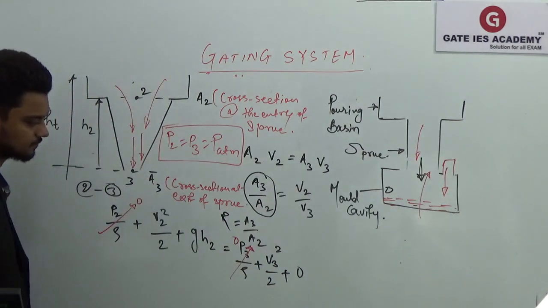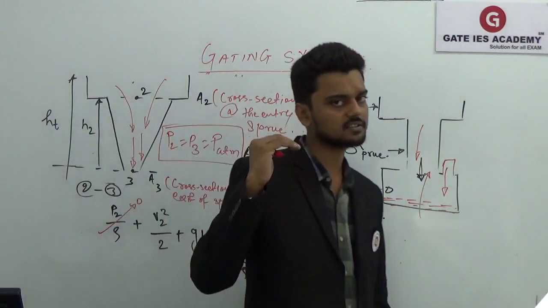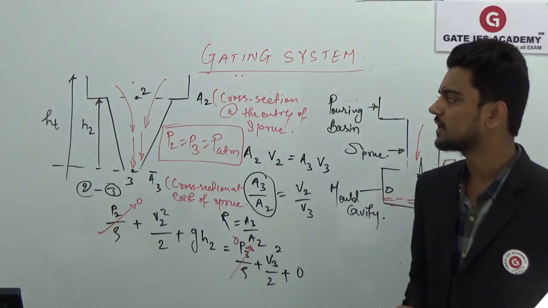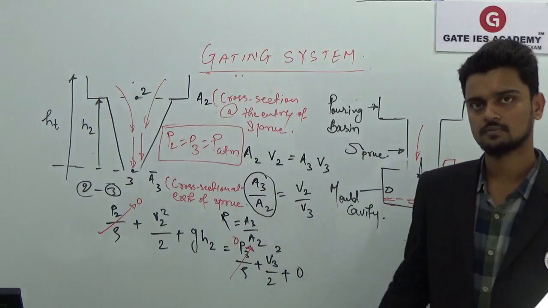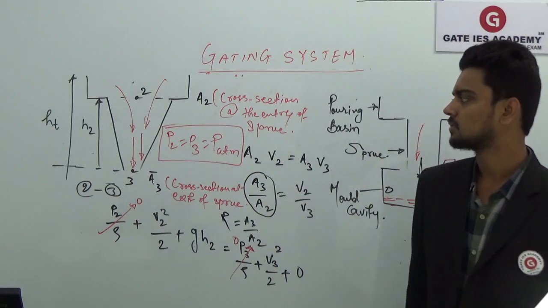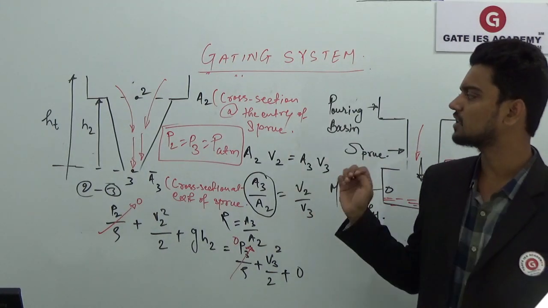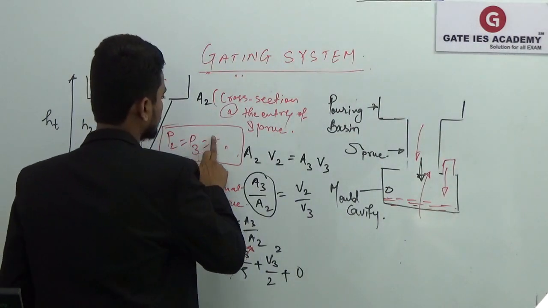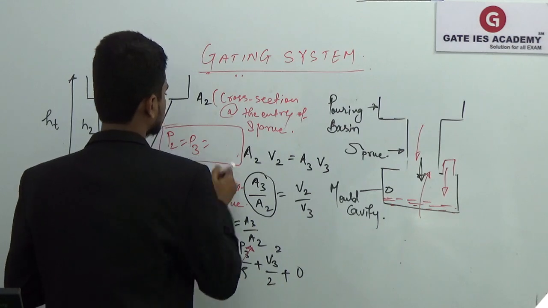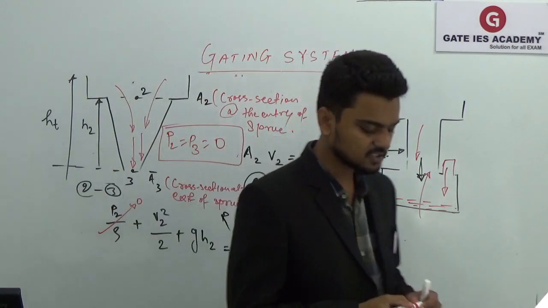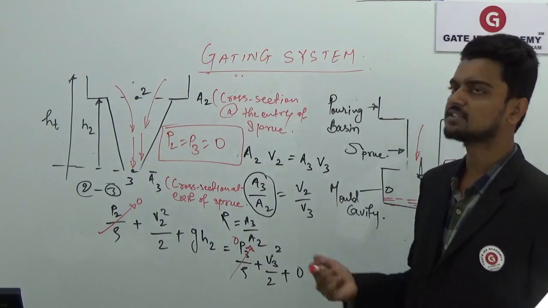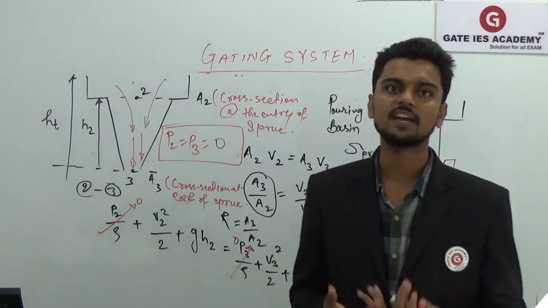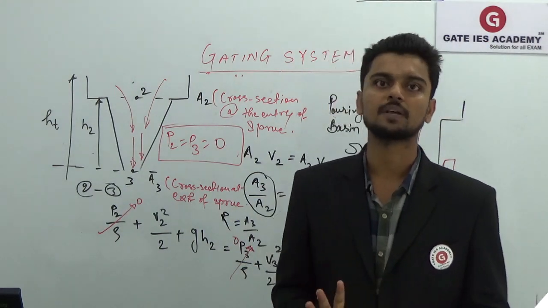We are considering that at section 2 and 3 the pressure is atmospheric pressure, so the gauge pressure P2 and P3 will be 0, because the pressure gauge measures the gauge pressure, not the absolute pressure.